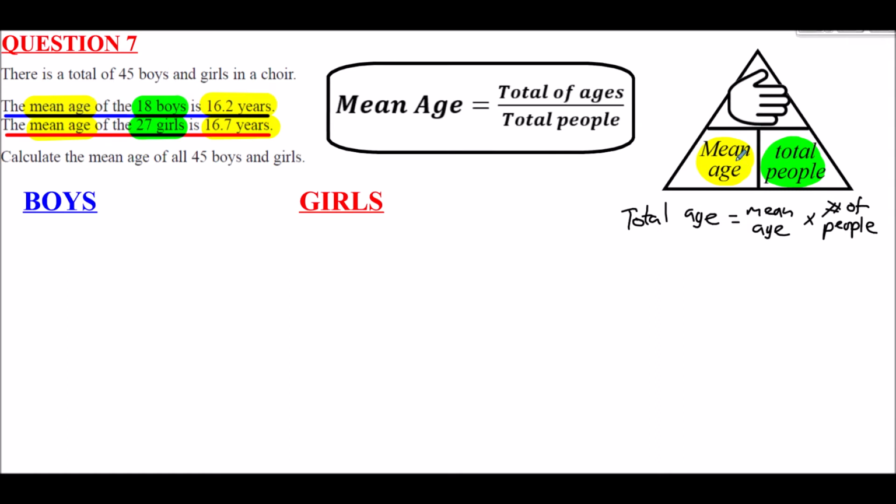One thing next to another in maths or algebra just means you multiply them together. So for the boys, we've got a mean age of 16.2 years. And there's 18 boys. So 16.2, the mean, times by the number of boys, 18. Let's see what that gives us.